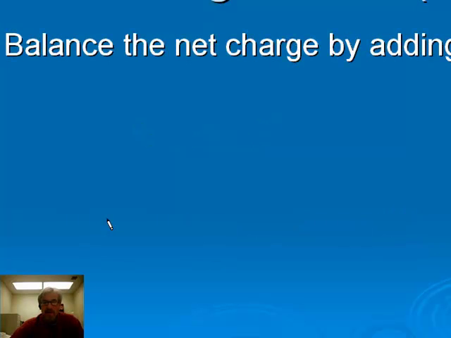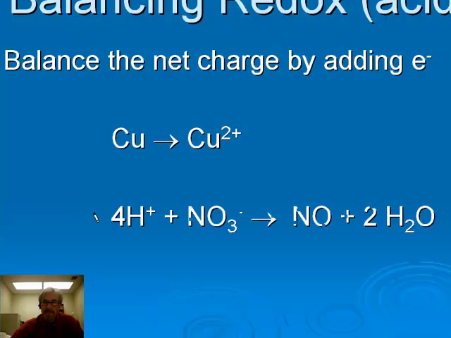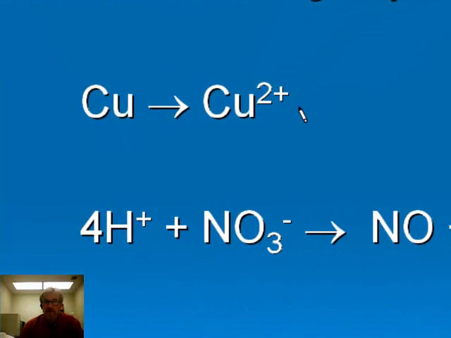Once that's taken care of, your next move is to balance the net charge by adding electrons on the appropriate side. You will always be adding electrons in these reactions, on one side or the other. And really, they need to be on opposite sides, because this is a redox. It's not a red-red or an ox-ox. Looking at what we have right now, in the top half reaction, the left-hand side is neutral, the right-hand side is 2+.